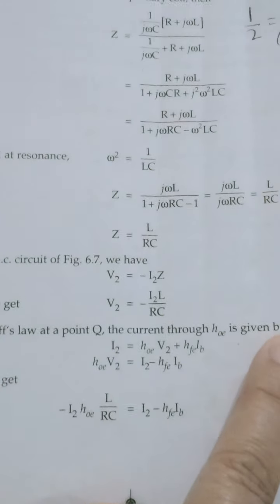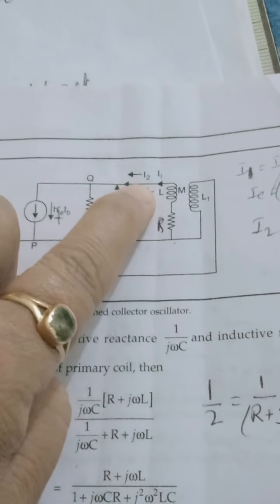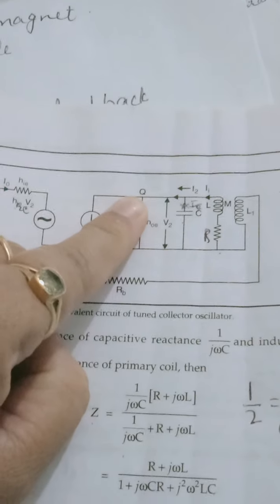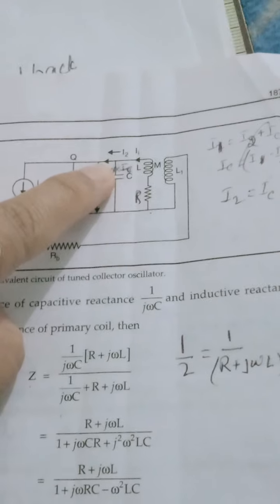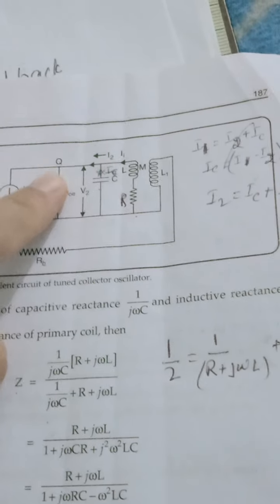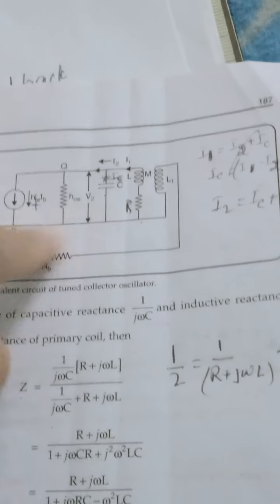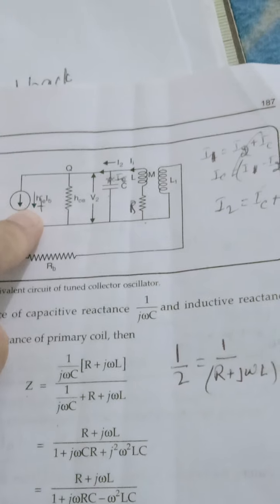So again I come here, this is my HOE and current I2 is flowing through it, and at point Q we are to apply the Kirchhoff's law. So this I2 will be given by this admittance multiplied by the potential across it plus this current, which is HFE into IB.